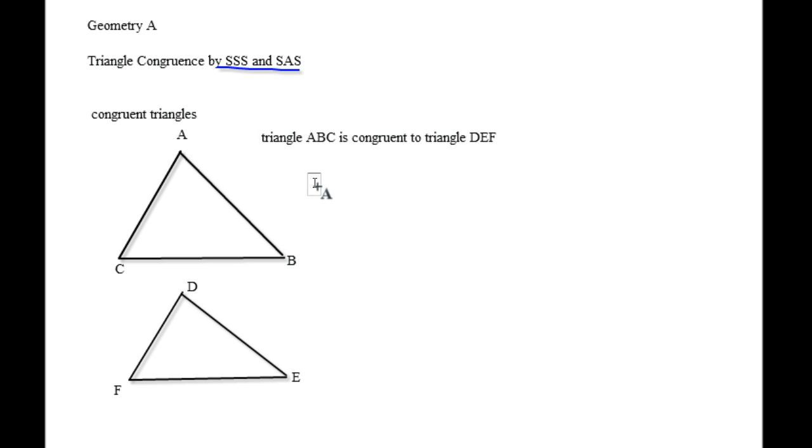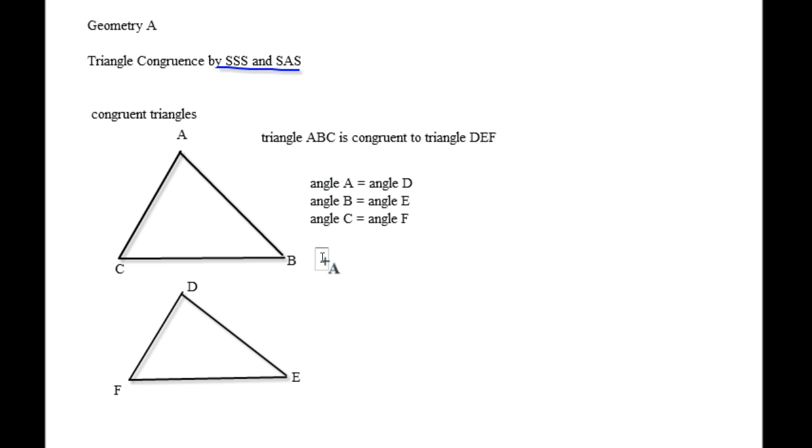So that means that angle A is equal to angle D, angle B is equal to angle E, and this is stuff I need to prove. Angle C is equal to angle F. Okay, so those angles are all the same.